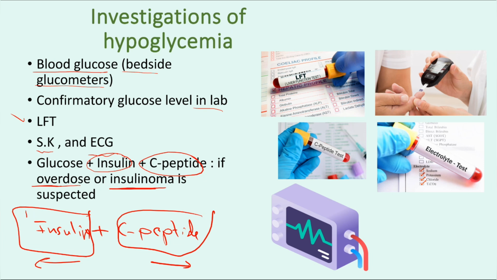The amount of the insulin will be equal to the amount of the C-peptide if the patient is having insulinoma, because it is a normal insulin that is secreted in the body. But if the patient is taking only insulin from outside, by subcutaneous or IV or any other route, they will get only a high level of insulin without an increase in the C-peptide. It means that they are in an overdose state.